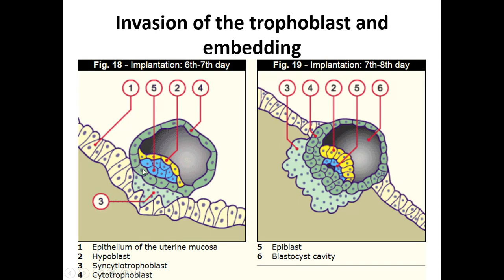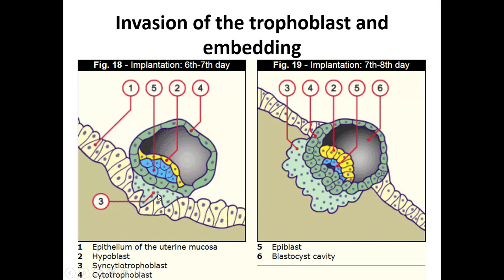This trophoblast is activated and activates a special type of mitotic division, where the cell nuclei divide but the cytoplasm does not divide, and they form syncytial cells. Syncytial means a lot of nuclei within one cytoplasm.